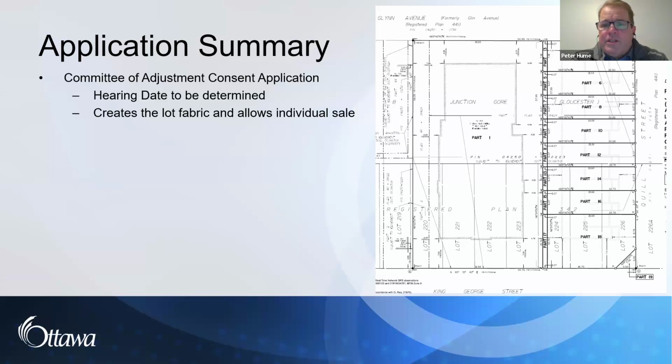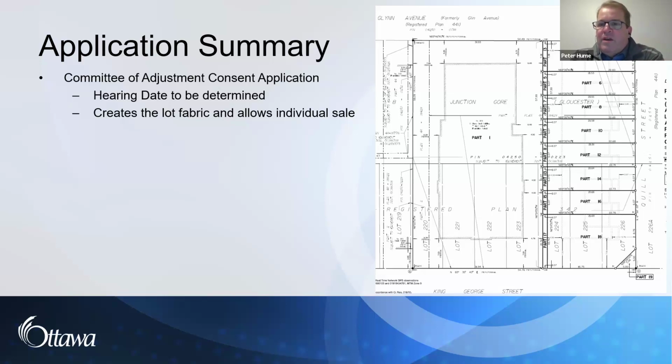What you're seeing when you look at them are parts 4 down to part 18. Those are actually part of the lots. When you see the little part at the back, we identify those small parts as easements. So if you own parts 9 and 10 in the middle of the block, and you need to get back into your backyard with a barbecue or a lawnmower, you have an easement across your neighbor's lawn to get back to your property to undertake maintenance and do other things.